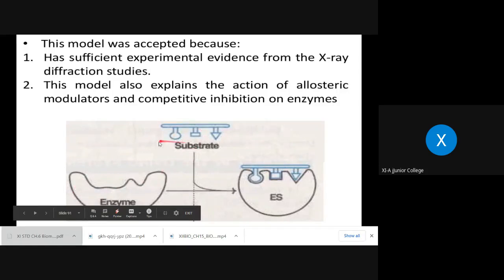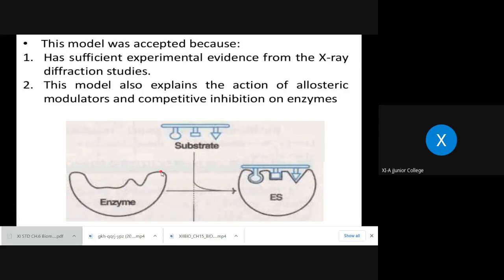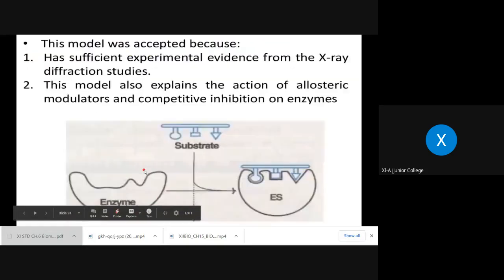When this substrate comes in contact with the active site, the enzyme changes its shape. That means the active site changes its shape. It is not rigid or a preformed structure. So the active site changes its shape and fits with the substrate in such a way that it forms a strong binding site with the substrate. So this is the most accepted theory.